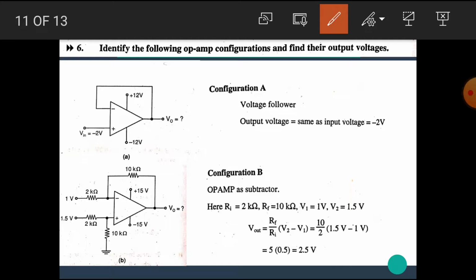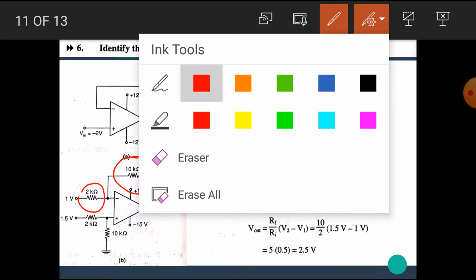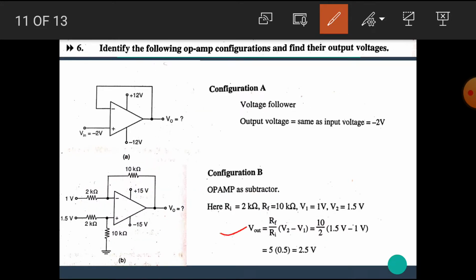Here again we can see there are two signals connected with two input terminals, hence it is the op amp as a subtractor. Here Rf has the value 10 kilo ohm and R1 has the value 2 kilo ohm, hence we get V out is equal to Rf upon R1 into V2 minus V1.